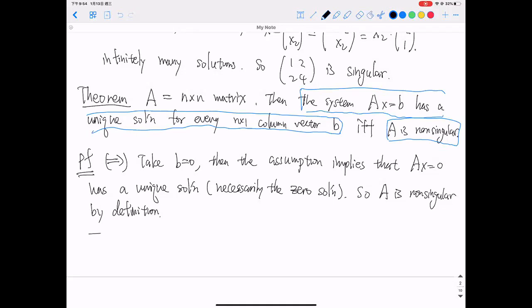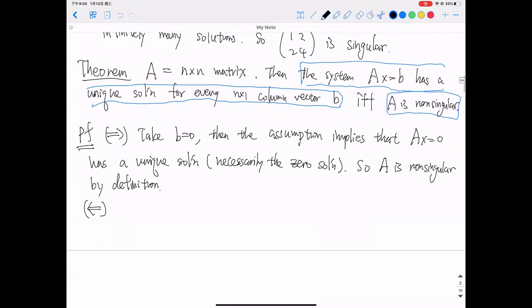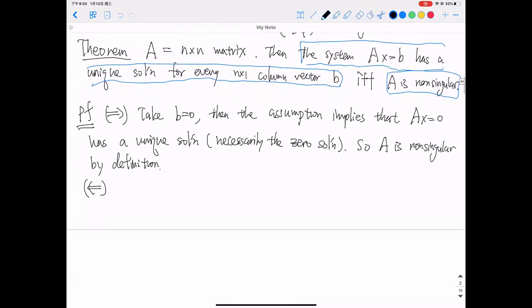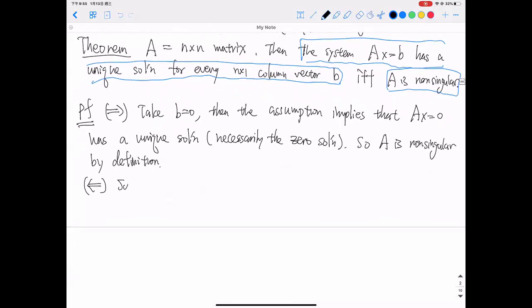This one is easy. The other way around is not as easy. So suppose A is non-singular, then we want to show, let's first of all pick any vector.